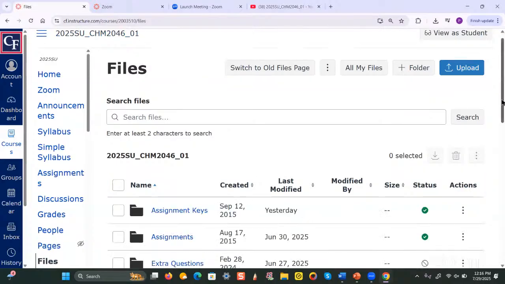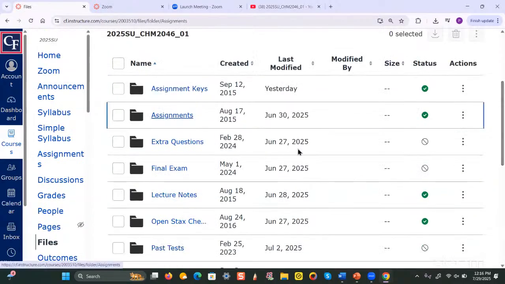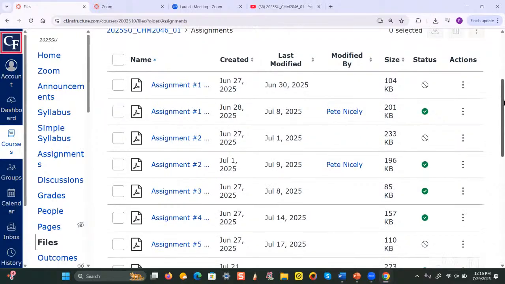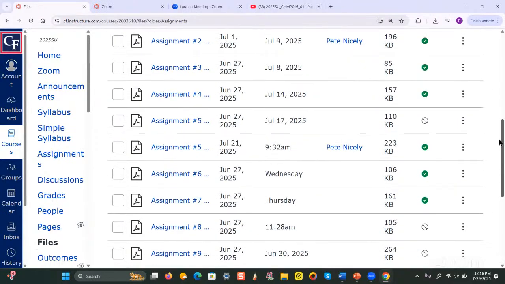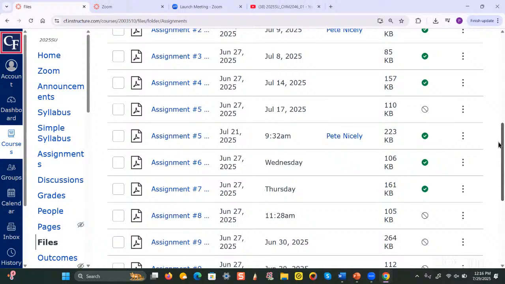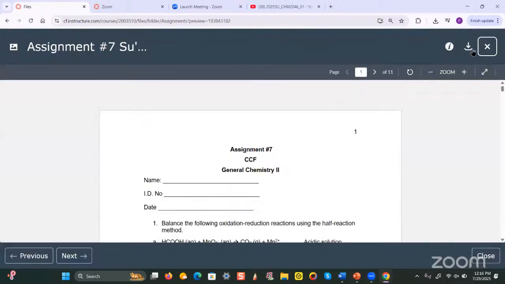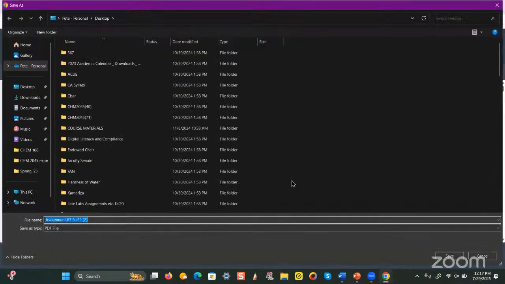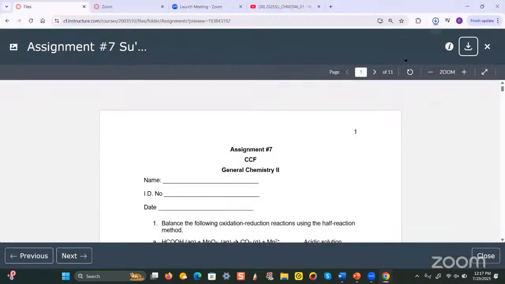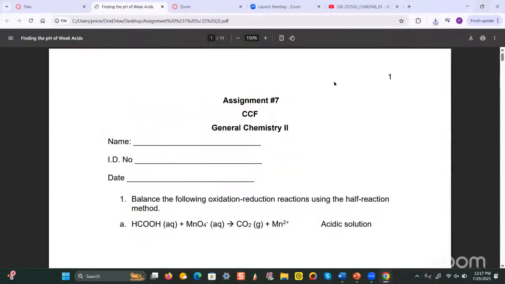See here. Assignments number 7. I think this is it. Oh, no. Assignment number 7, and then no, that's not what I'm looking for.